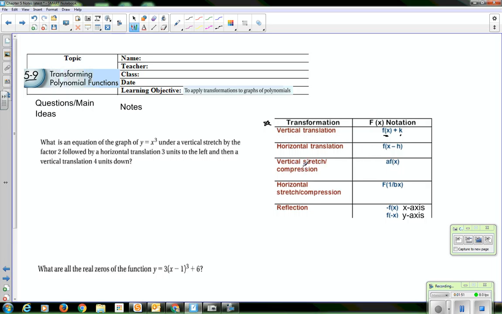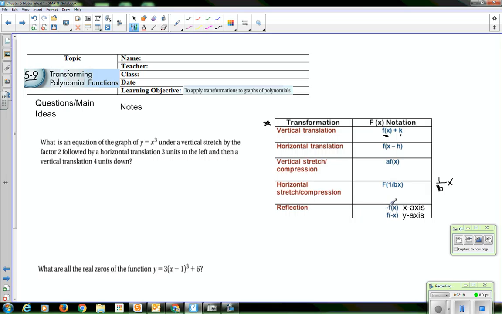For a vertical stretch or vertical compression, you take your entire function and multiply it by a constant. For a horizontal stretch or compression, you take your x value and replace it with 1 over b times x, and then b is your horizontal stretch or compression.